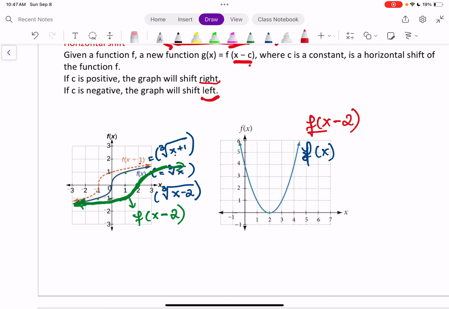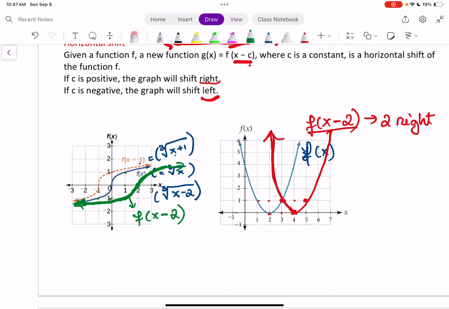So what does that mean, f of x minus 2? It means to go 2 units, not minus, but to the right. So we're going to move all these points I had before 2 units to the right. So it's still the same shape, it just moved 2 units right.